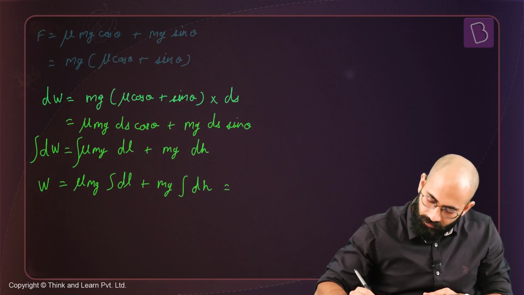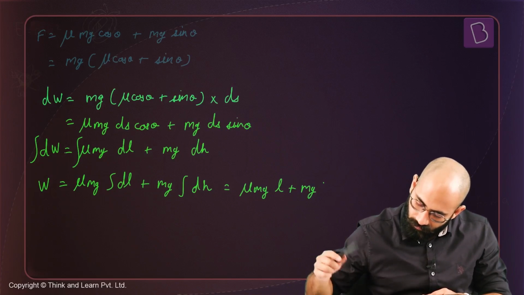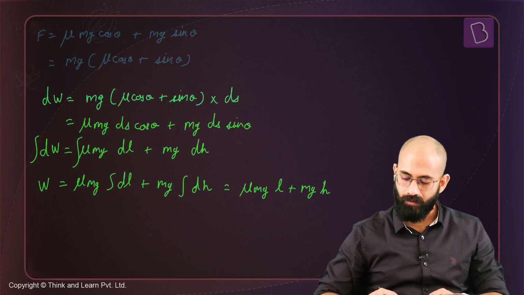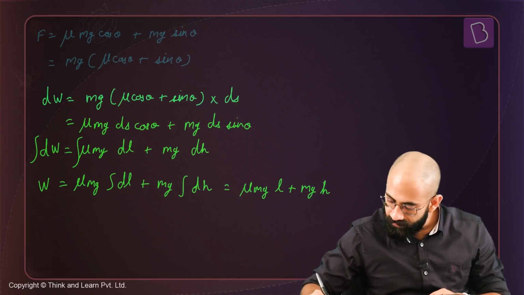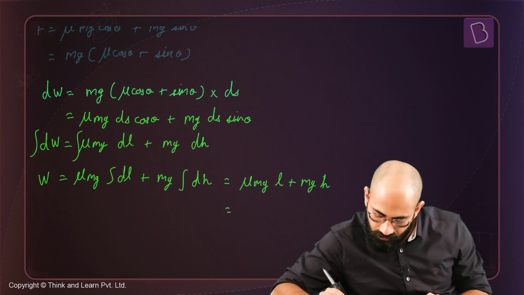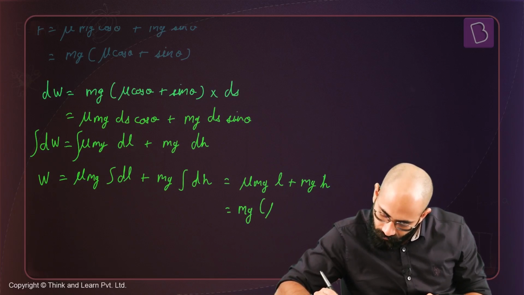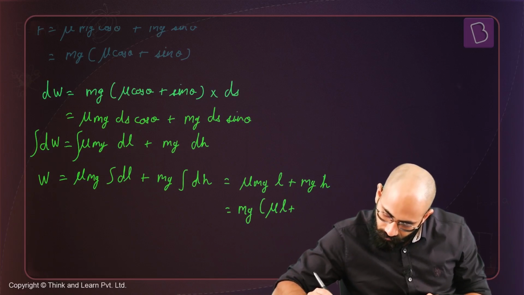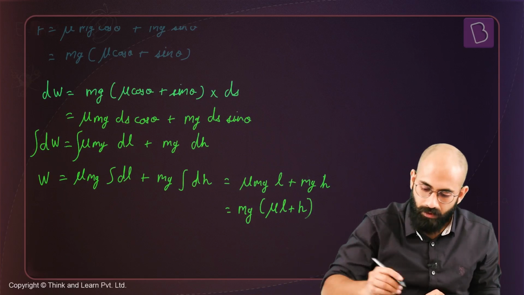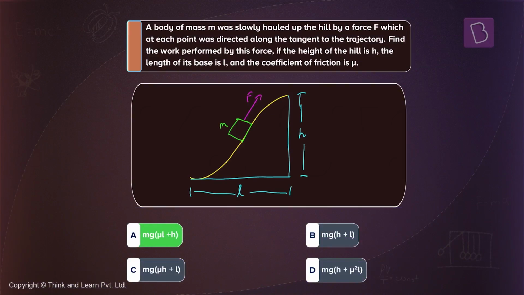So we get mu mg into L plus mg h. Or in other words, I can just simplify this and write this as, this is your final answer. You get the net work done is equal to mg into mu L plus h.